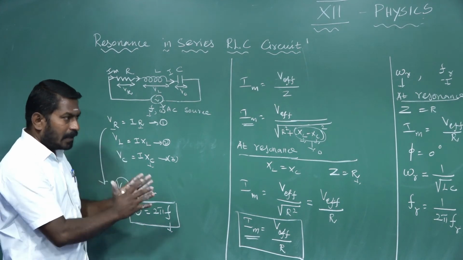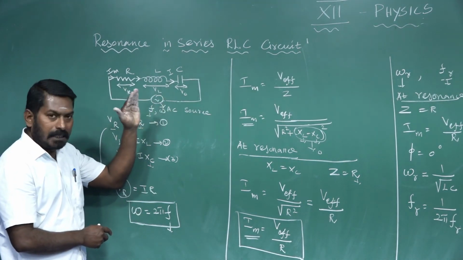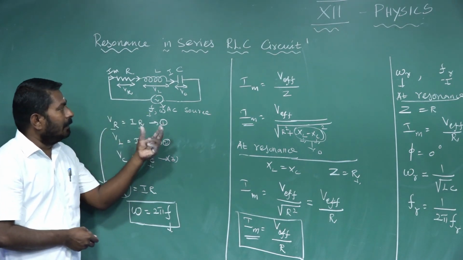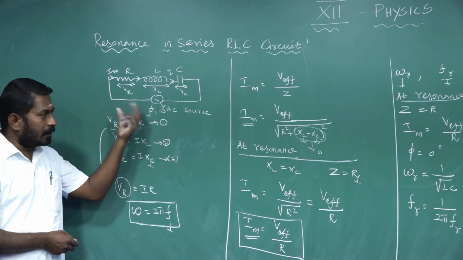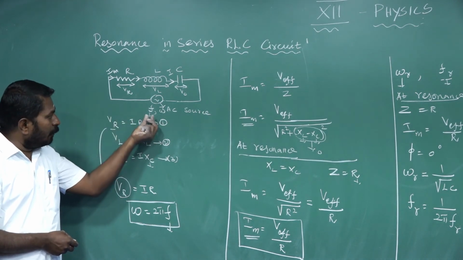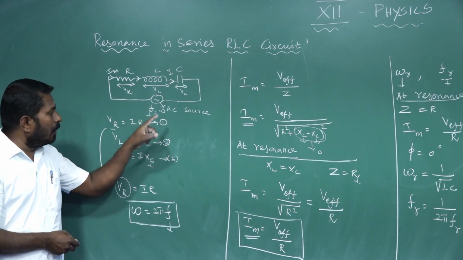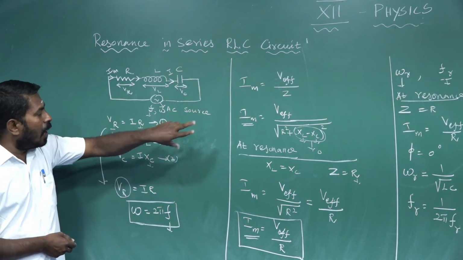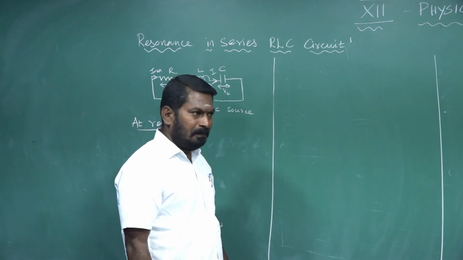At the resonance condition, impedance of the series RLC circuit is minimum and current is maximum, then the series RLC circuit is said to be in electrical resonance. That particular frequency of AC voltage is called the resonant frequency, and corresponding omega R is the angular frequency of AC voltage at resonance.